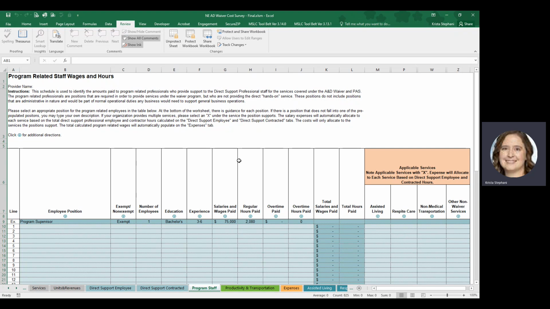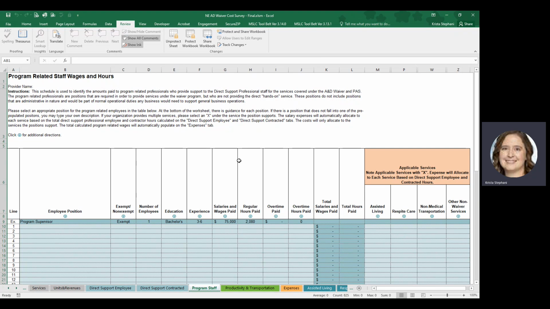Well, these are the individuals that work or are employed by your agency that provide supports to your direct support professional staff, and they are required by rule for your agency to have somebody staffed in this position to provide services, but the role is not a general and administrative function that any business could have or requires to operate, such as a billing person or an administrative assistant.